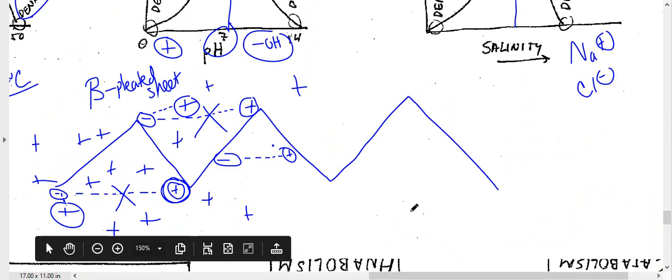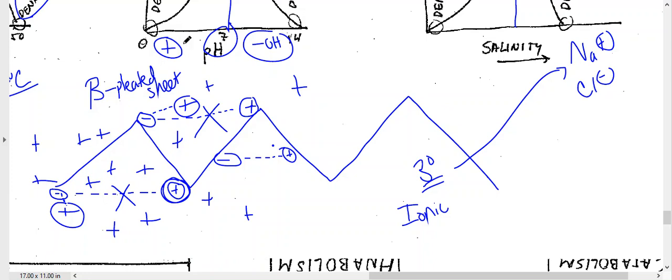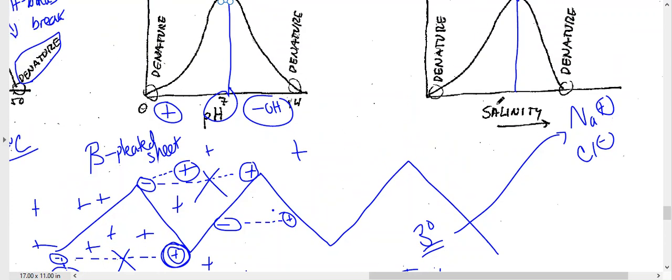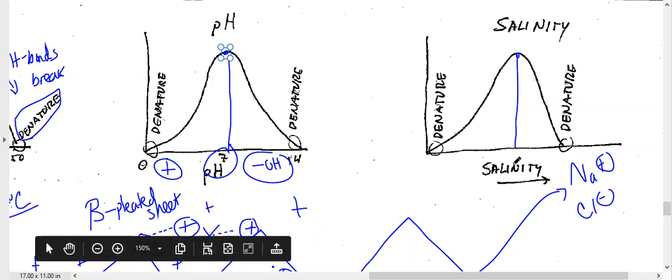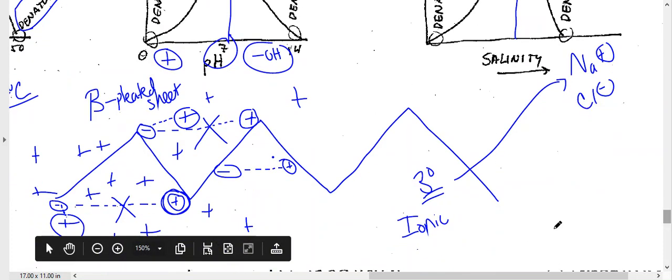Also with salinity, you have to account for the fact that you have ionic bonds in the tertiary structure that have a full charge that are going to be attracted to the full charges of either of these two ions, right? So this is how pH and salinity, either too much salinity or too few body salts, can actually end up denaturing enzymes and dropping the reaction rate.